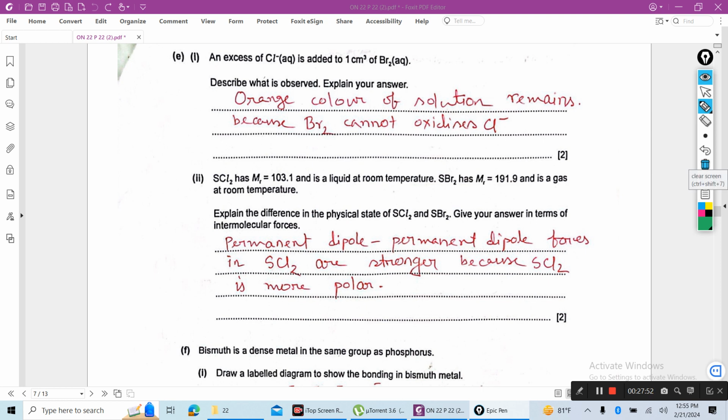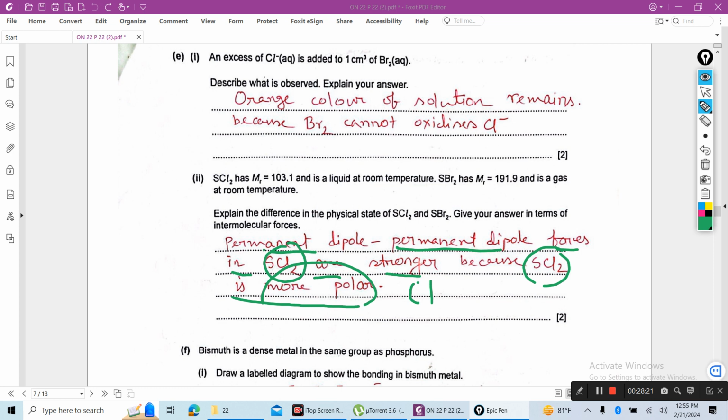Chlorine is more electronegative than bromine. So permanent dipole forces in SCl2 are stronger because sulfur dichloride is more polar. Why more polar?